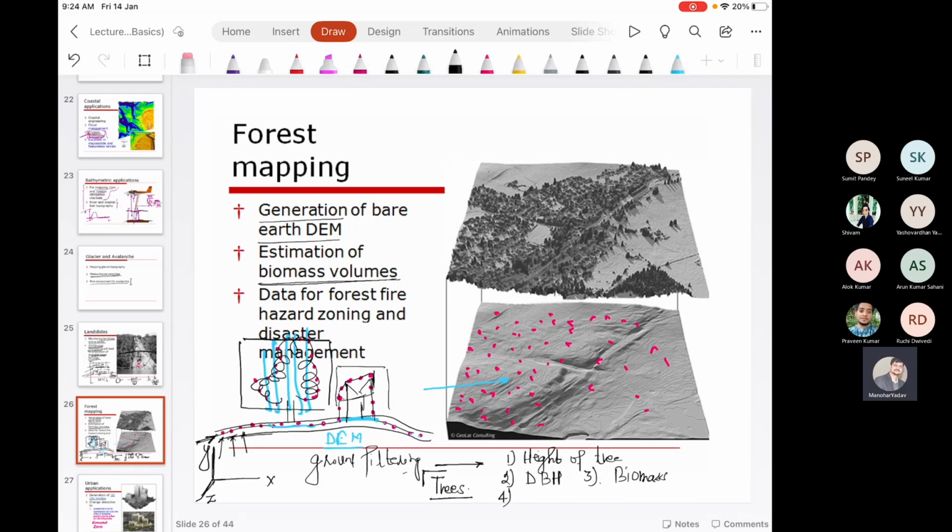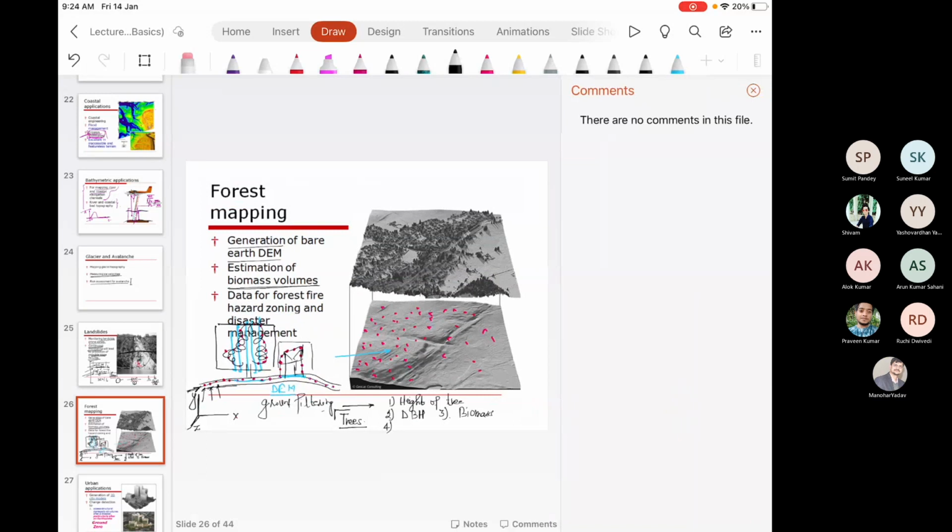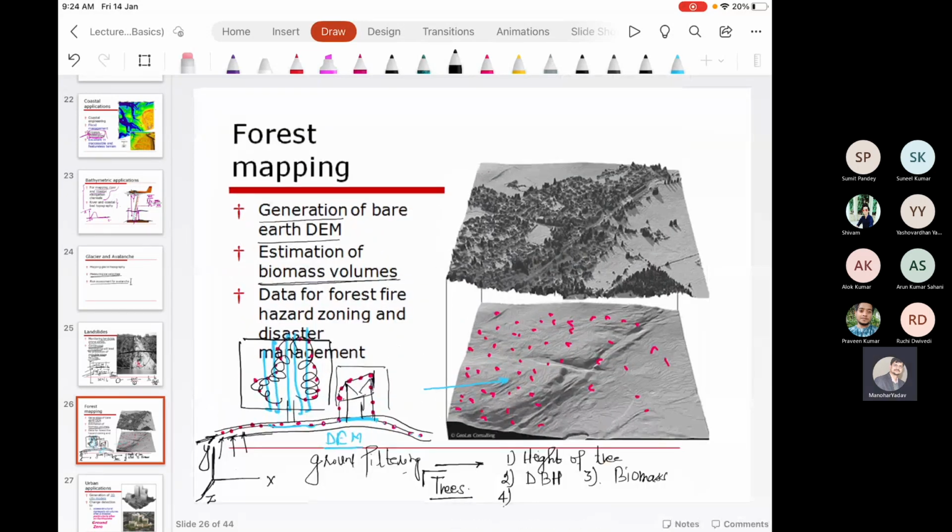Then you can also calculate the inclination of the tree axis from vertical.